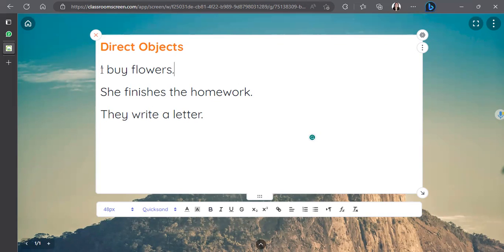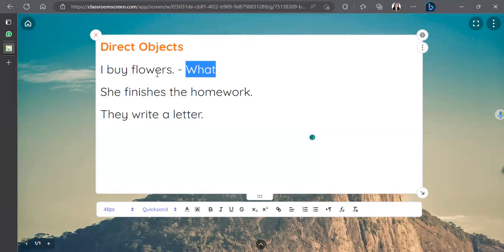For example, in this case, I have the sentence, I buy flowers. As you can see, I have the subject, I have the verb, and this is my complement, okay? Now, how do I identify the direct object? Easy. I just have to ask the question: what? Okay, that is the most important question.